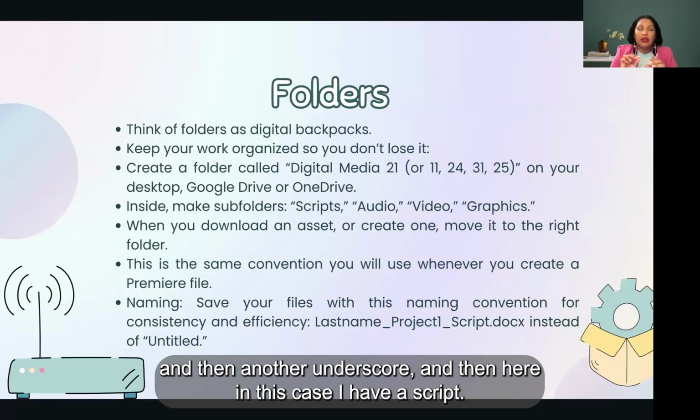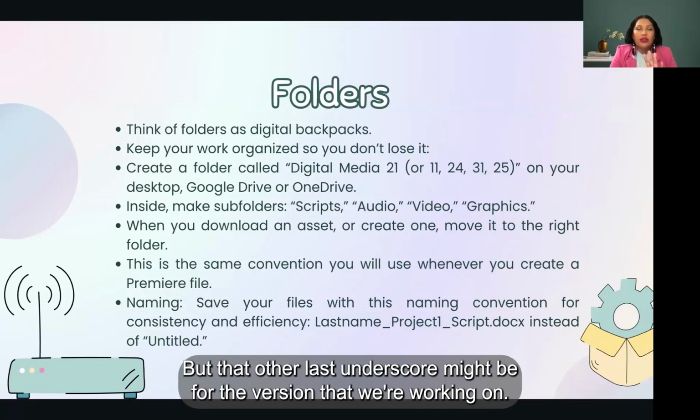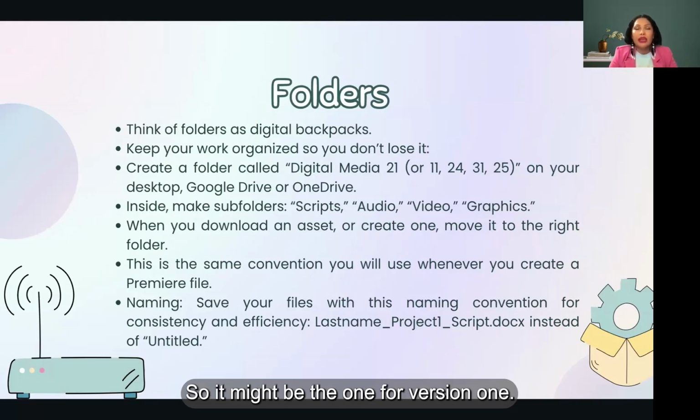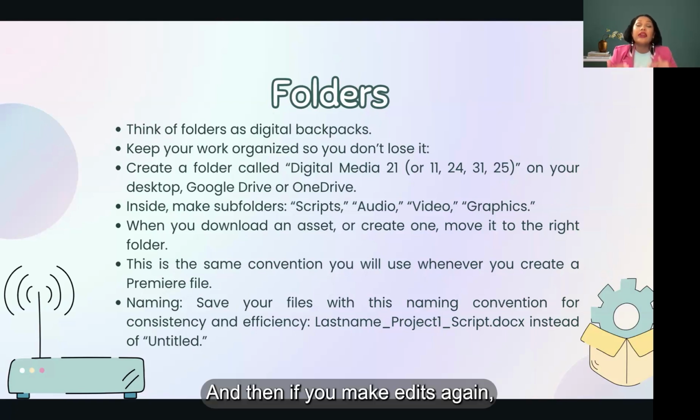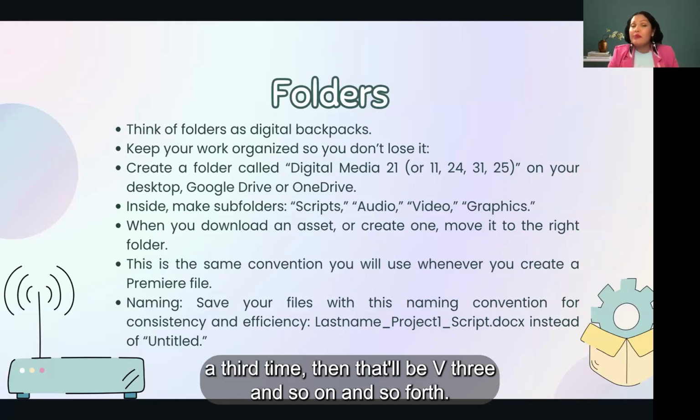And here, in this case, I have a script, but that last underscore might be for the version that we're working on. So it might be V1 for version 1. And that'll change to V2 when you go back into that file and make any edits. And if you make edits a third time, then that'll be V3, and so on and so forth.